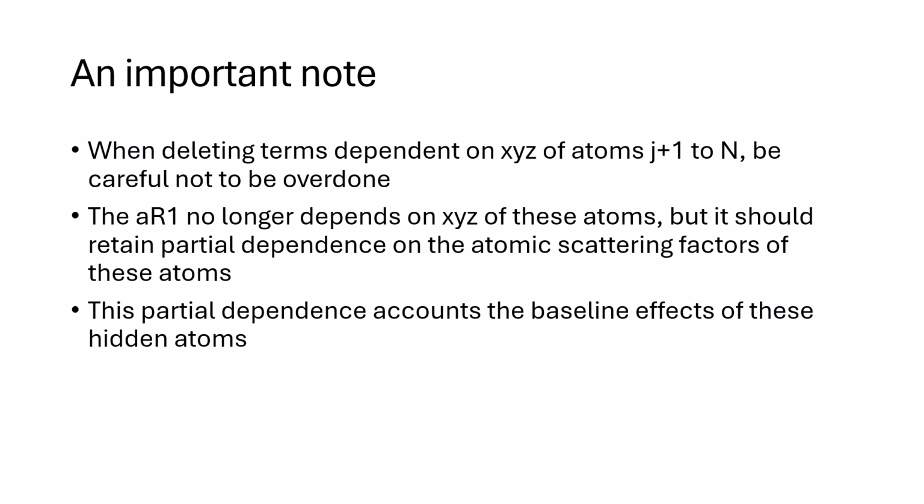The resulting aR1 no longer depends on the coordinates of these atoms, but it should still partially depend on the atomic scattering factors of these atoms. This partial dependence on the atomic scattering factors, if also removed, will make the method much worse.